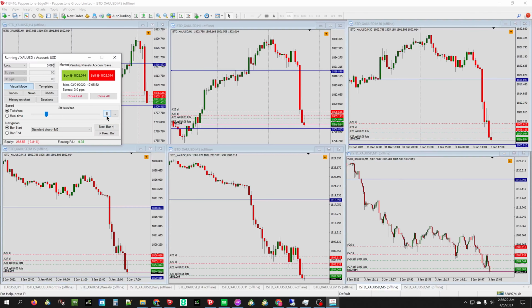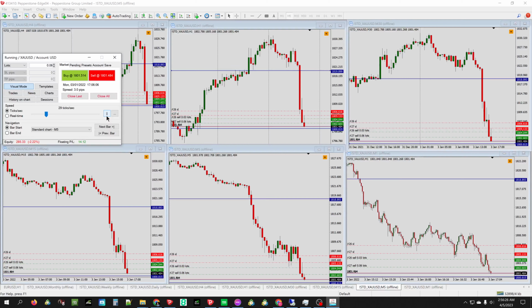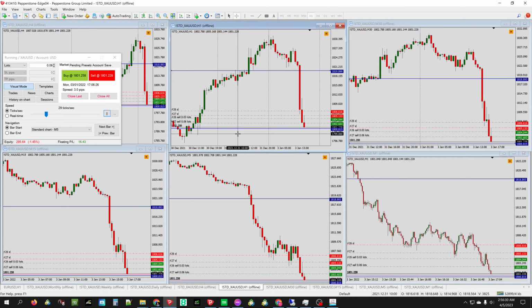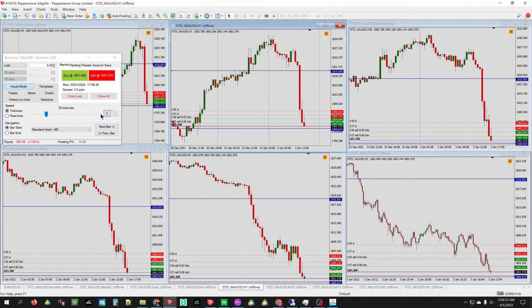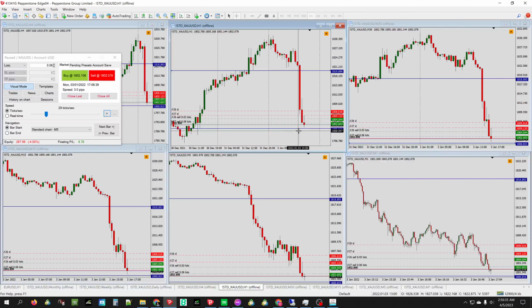We will not break our plan. Alright, we are approaching support at 1801 and 1798, so we need to wait.